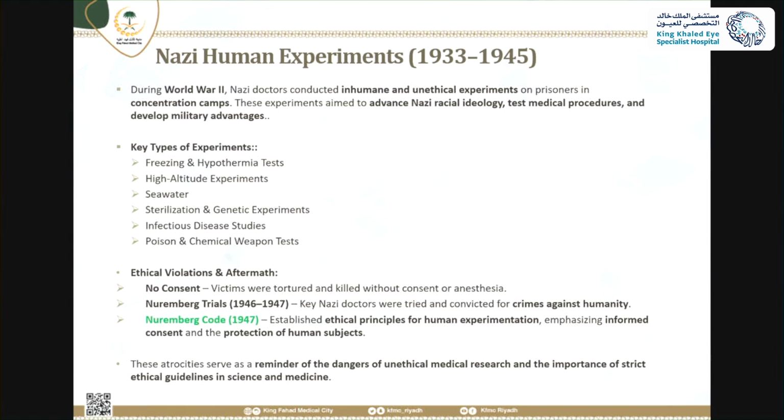By the end of this regime, there was a special court and a trial that was conducted between 1946 and 47. So they came up with the Nuremberg Code in 1947. It was not issued by a medical authority, just by the United Nations.